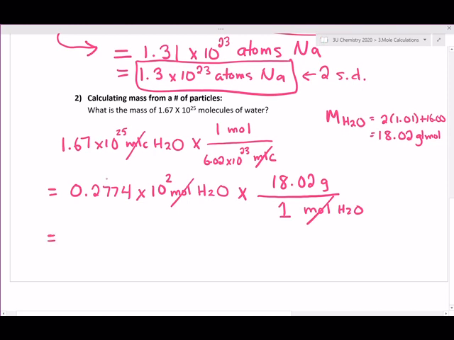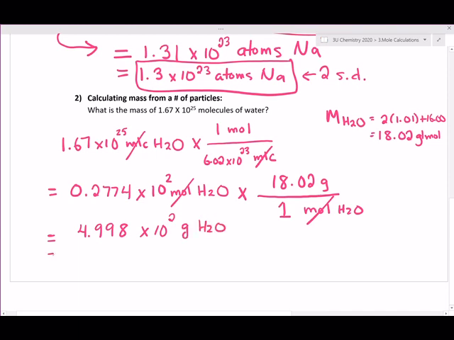So again, I'm just going to take this number and times the 18.02, and then just not forget to tag on this 10 to the 2. So I believe when I do that, I get 4.998. Can't forget about the 10 to the 2. This is now grams of water.